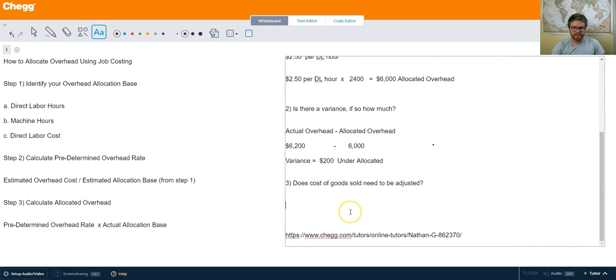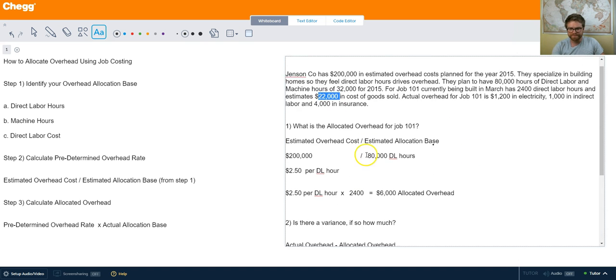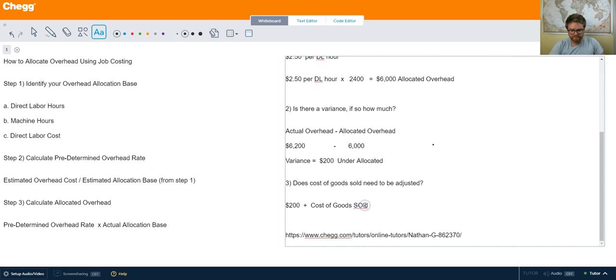So you will add that to cost of goods sold. $200 plus cost of goods sold. And cost of goods sold was $22,000. So adjusted cost of goods sold equals $22,200.